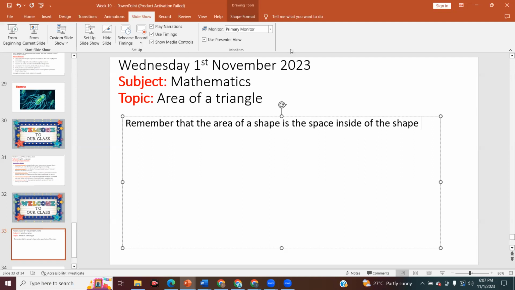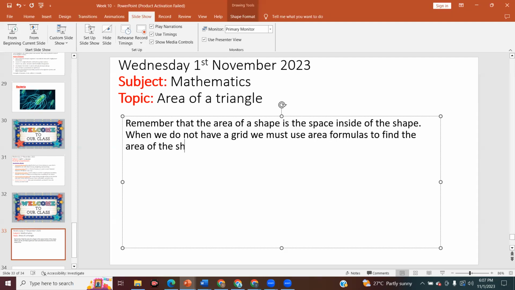So when we do not have a grid, we must use area formulas to find the area of the shape given.